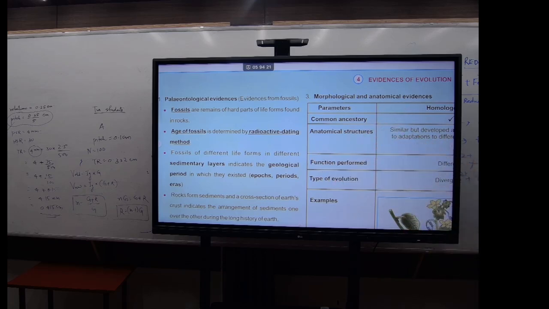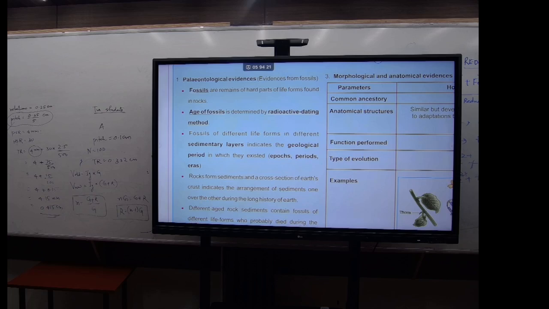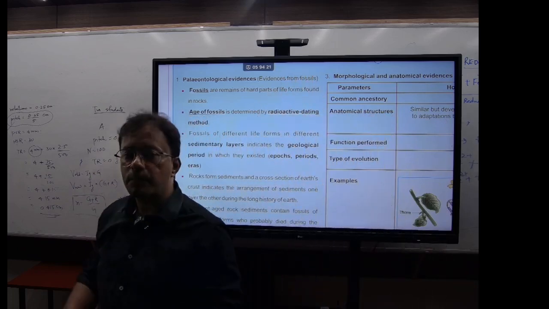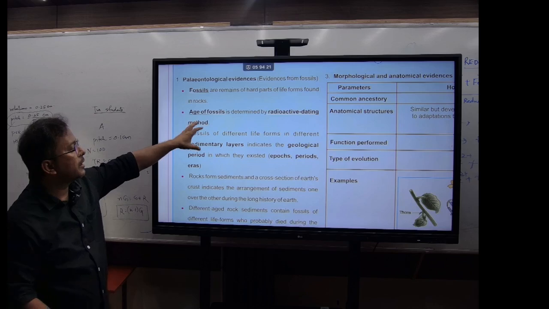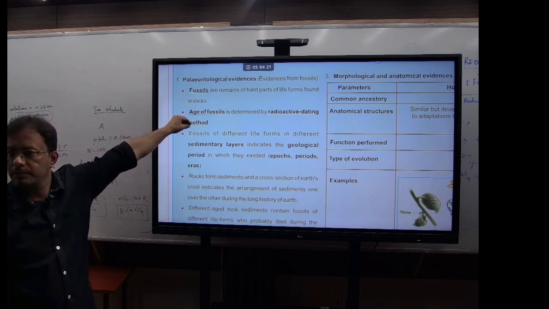For example, the very first evidences come in the form of fossils, and these are called the paleontological evidences. Fossils are simply the remains of the hard parts of life forms found in the rocks.